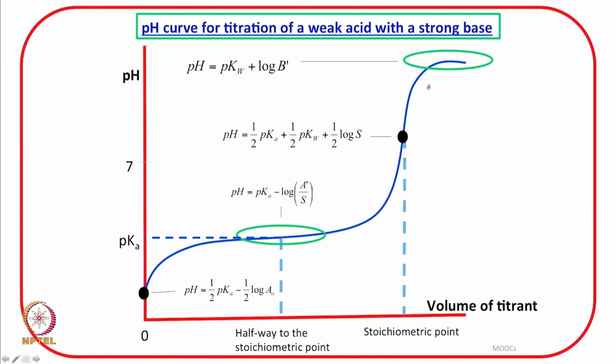And then further addition will give rise to another saturation, that is the pH becomes constant over there, almost constant over there, unless there is another ionization further happening, and this equation we also derived. Now, let us try to derive this kind of equation, this equation which is at the equivalence point.